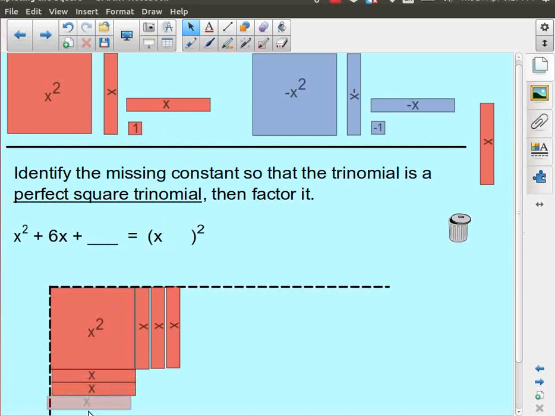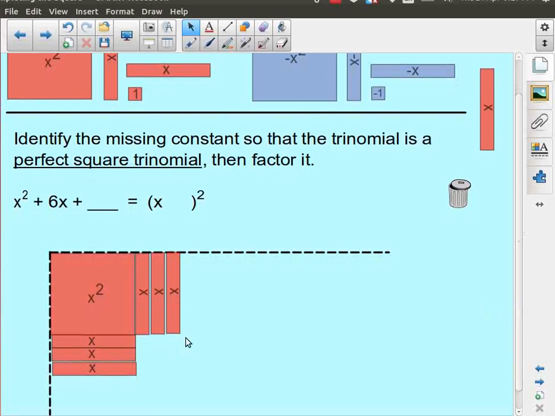And so we ask ourselves, what can we put in this bottom right hand corner to make a perfect square? Hopefully you can see that, but if you can't see it, you can fill it in. We can put in 9 single tiles to complete this.